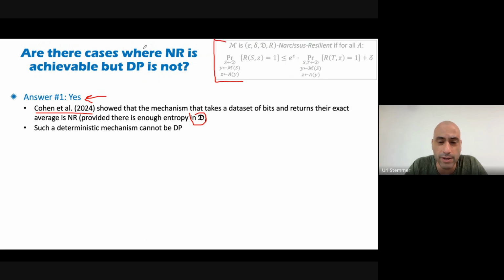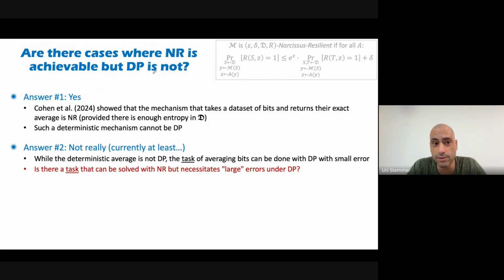So for the task of counting bits, there is a mechanism that is Narcissus resilient, but this mechanism cannot be differentially private, because we all know that for differential privacy, you cannot be deterministic. So that's an answer, but it's not a very interesting answer, right?